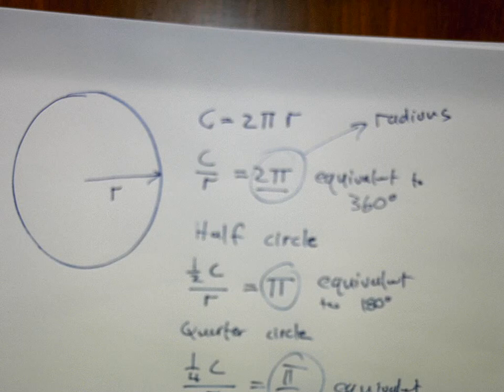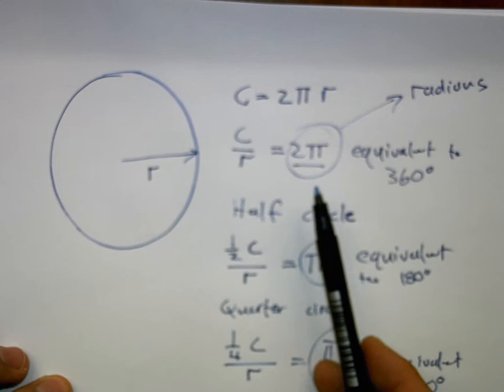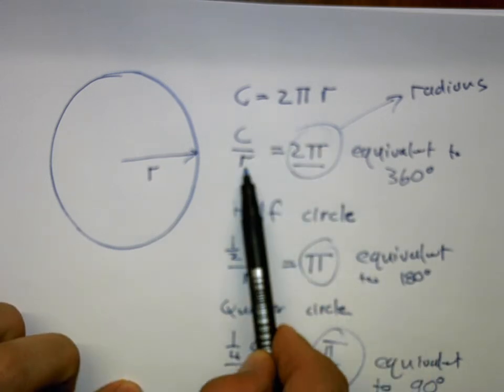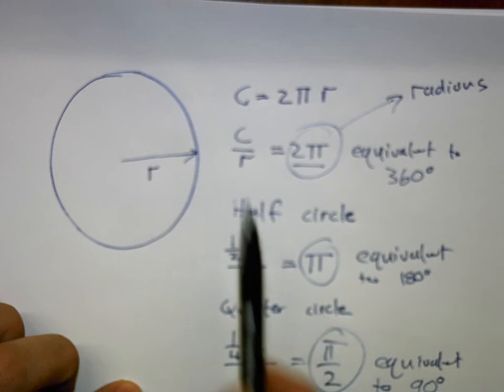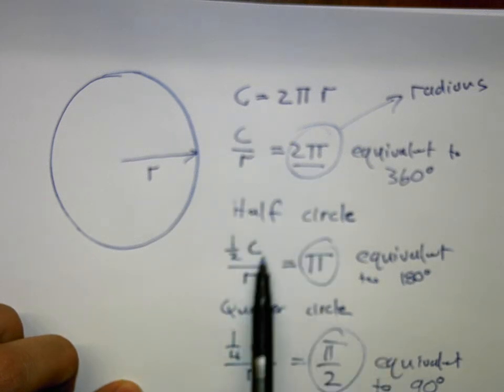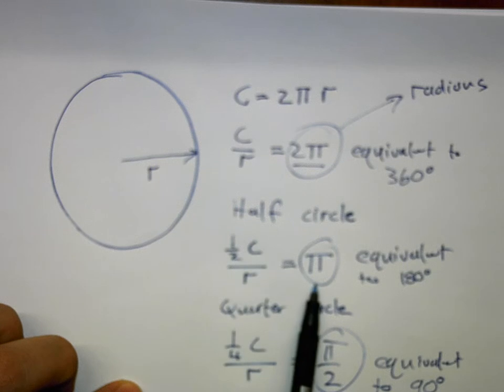I mean, what is an angle in its purest sense? An angle is, I've got some sort of arc length that is subtended by 2 straight lines, and we've defined that as an angle. Here I've got a more perhaps physical relationship between an arc length and a radius. It must give me a certain ratio. So if that arc length is a full circle, this ratio must be 2 pi. If that arc length is a half circle, that must be pi.